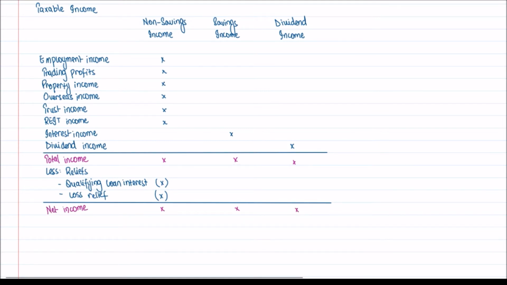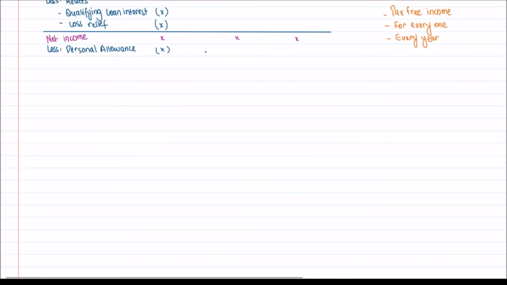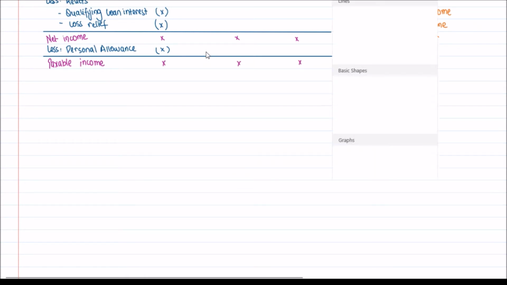From net income, a personal allowance is deducted. Personal allowance is an amount of tax-free income which each individual is entitled to receive every tax year. Every year it has a different amount. After deducting the personal allowance, the amount is known as taxable income.